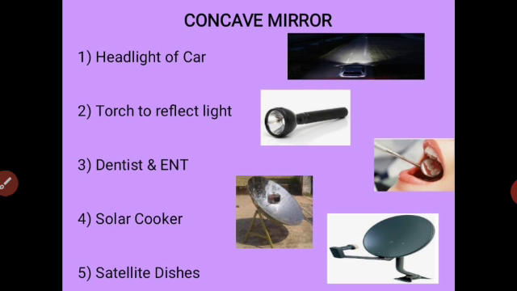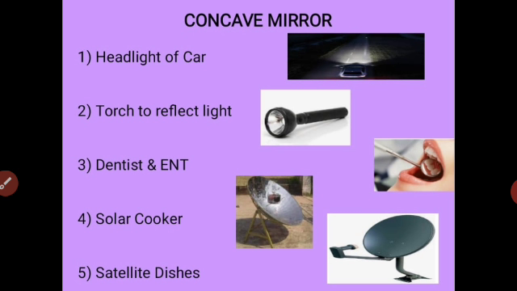The fourth use is in solar cooker. Now, solar cooker is one where food gets cooked by the solar energy. The utensil with the food to be cooked is placed at the focus of a dish which is in the form of concave. Now, this relates with the first case of image formation.